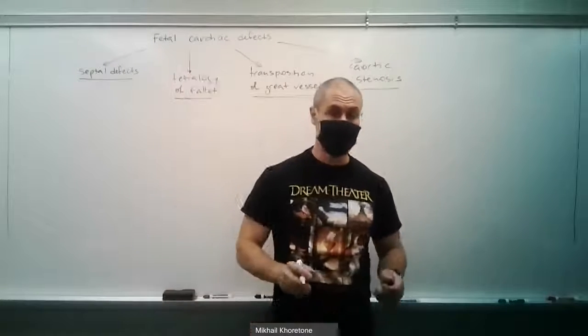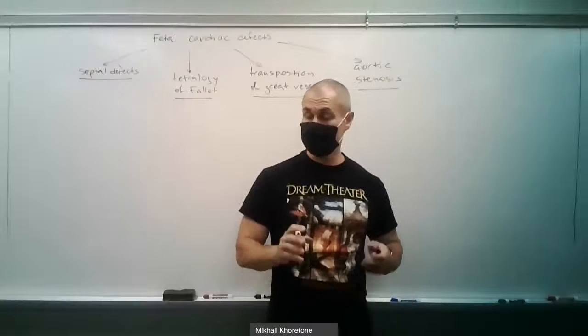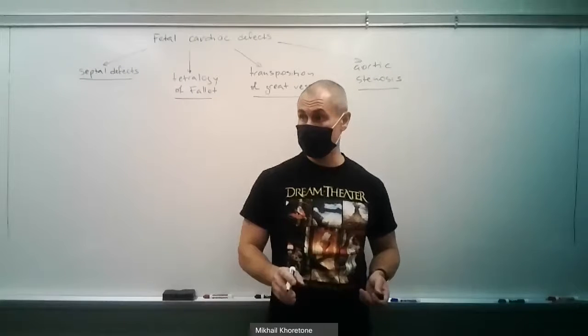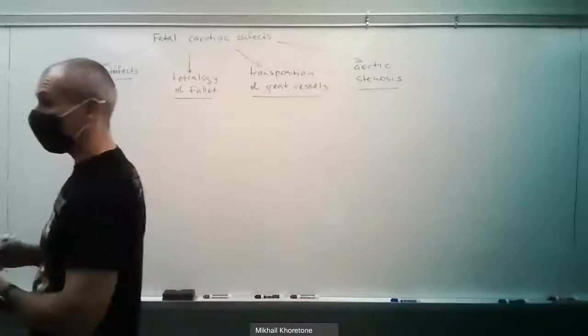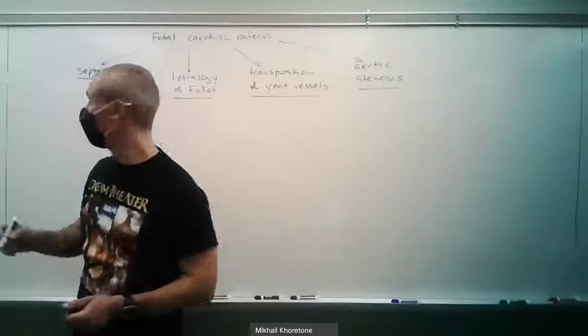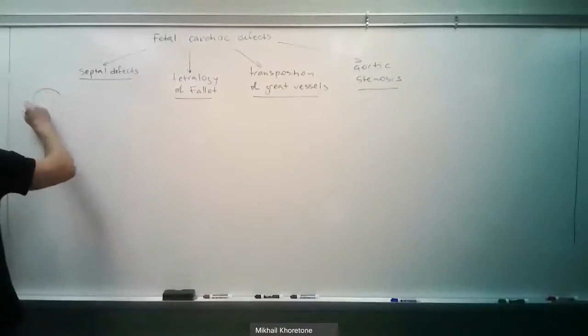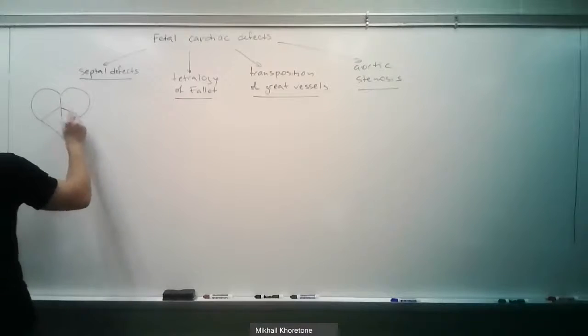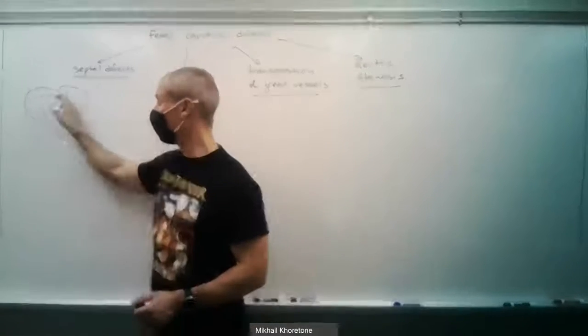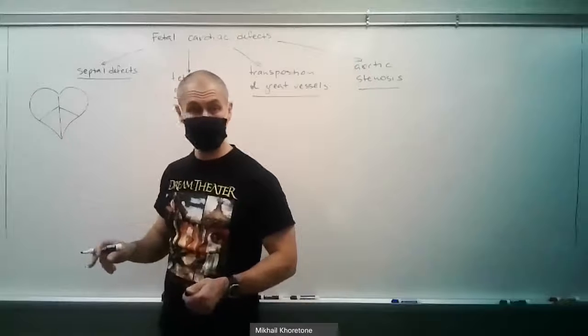Now, it's really a fairly simple matter. Okay? So what is a septal defect? In a fetal heart, if you have a heart here, okay? So you have two atria, two ventricles, right?